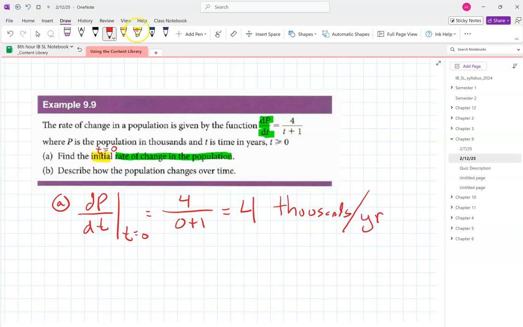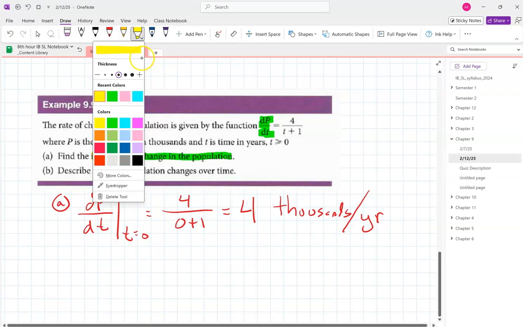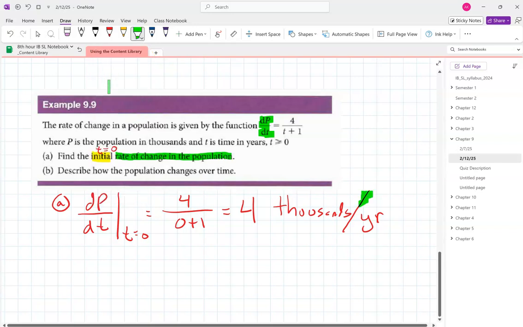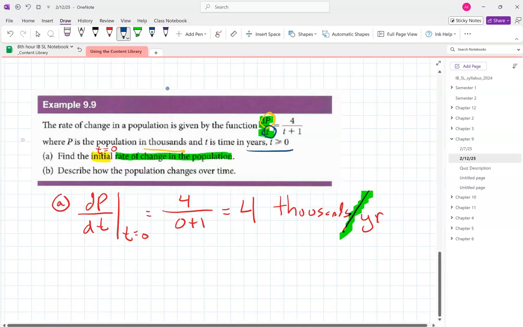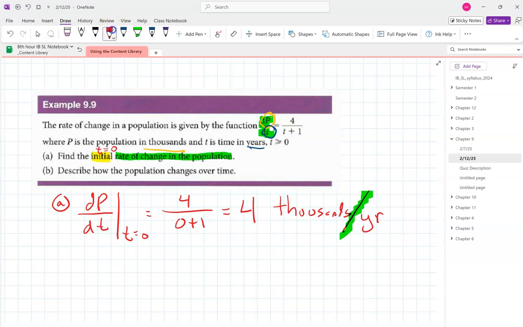Okay. All derivatives are going to be a rate because it's a slope. That rate is going to come from the unit for P over the unit for t, which is years. Does everybody feel okay there? Okay.